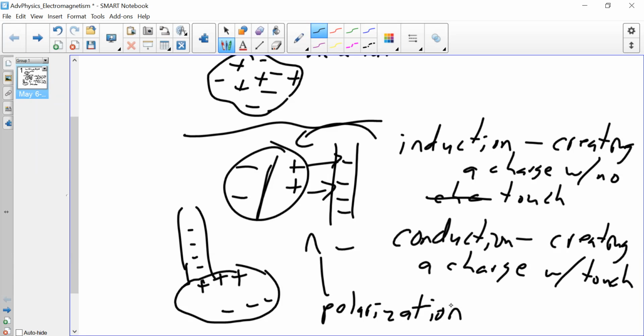Our first foray into that was talking about Coulomb's law, which is a law of attraction or repulsion even. The Coulomb electric force law is an attractive and a repulsive force: attractive for opposites, repulsive for like charges.